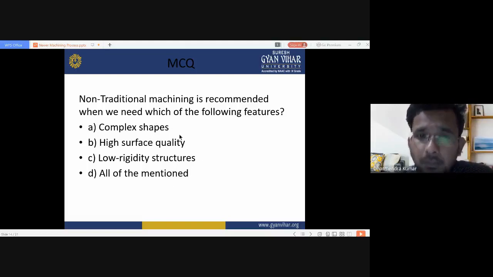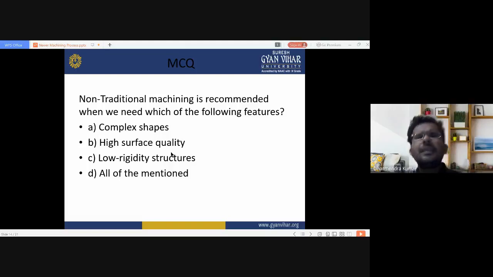We can machine complex shapes, we can machine low rigidity or high rigidity structures, and we can get higher surface finish or better surface quality. We can add multiple options also, like better surface finish, and less or minimum wear and tear of tool. Finally, if we add all of the mentioned, then surely we go with all of the mentioned parameters or options.